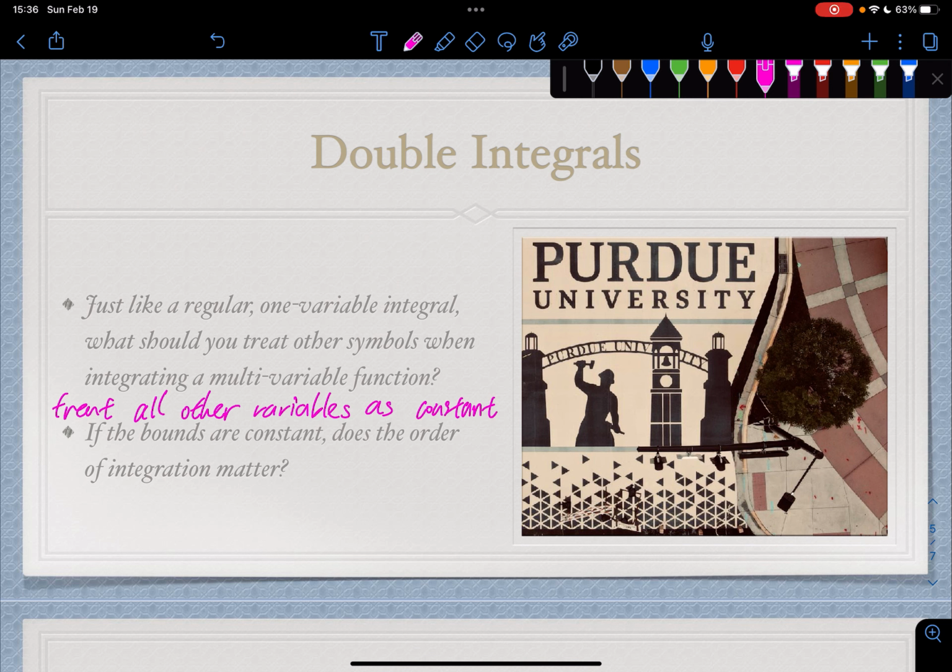If the bounds are constant, which it is in this chapter, does the order of integration matter? I think your professor should have told you, it does not matter if the bounds are constant, but if the bounds are not constant, then the order of integration does matter. You cannot just change them willy-nilly. You have to do some sort of tricks to convert those bounds, which we will talk about later.